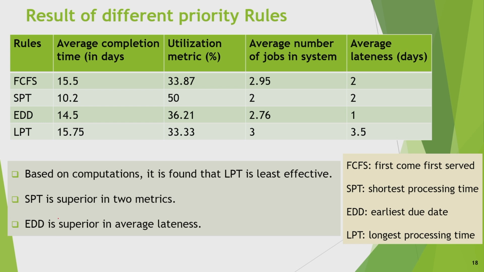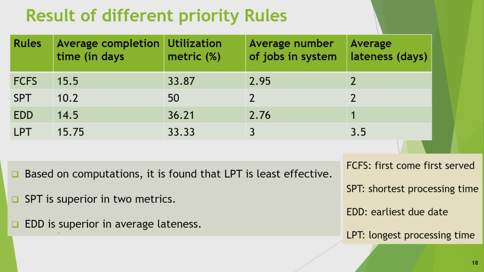But in earliest due date, obviously I am giving more focus to due date, that means I do not want to miss the due date. So, jobs which are due first are processed first. Even though the completion time may be more, the lateness is reduced, lateness is only 1.